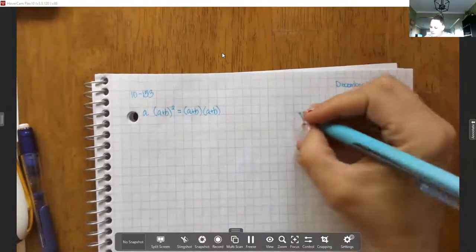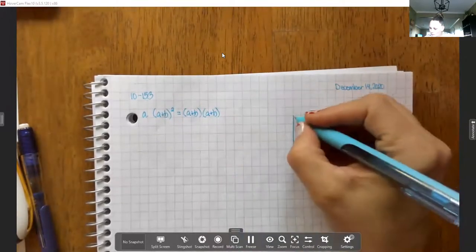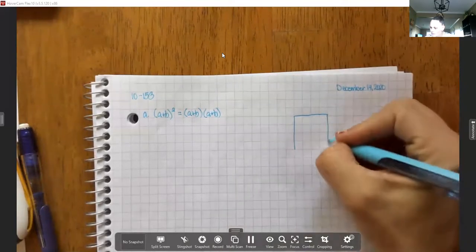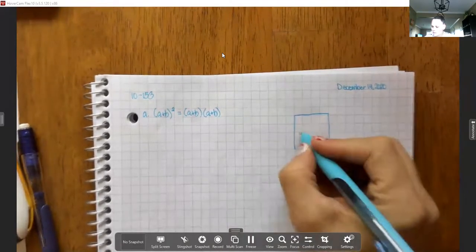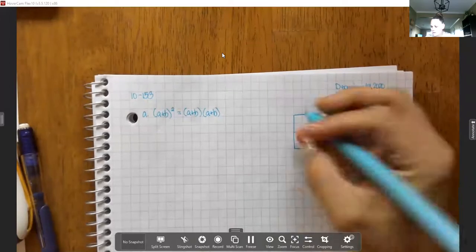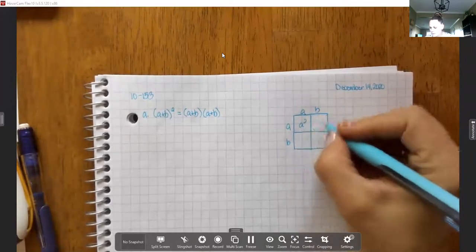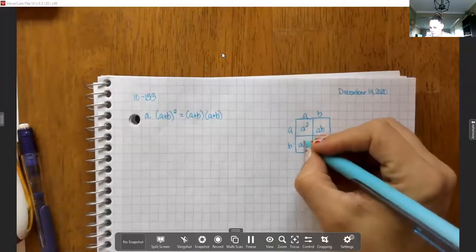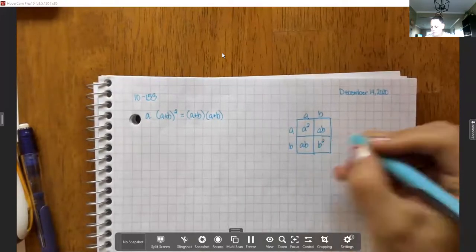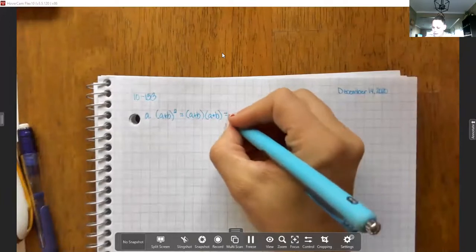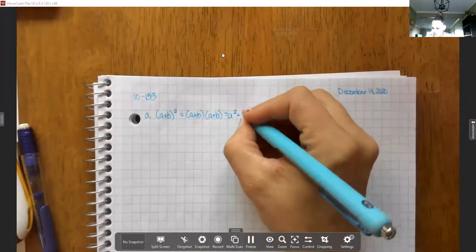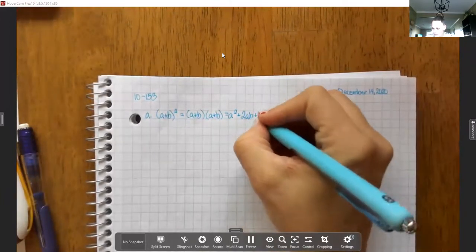So I can make a box for that, and I get a squared plus 2ab plus b squared.